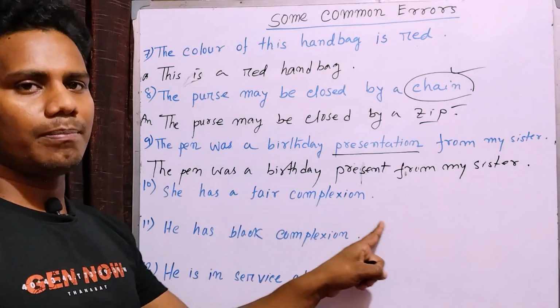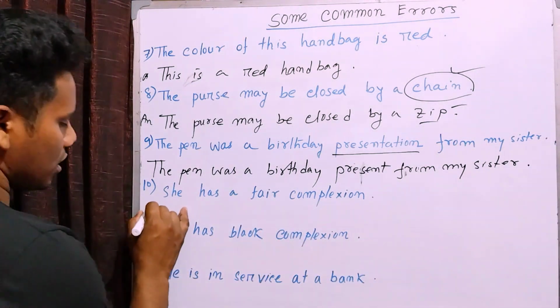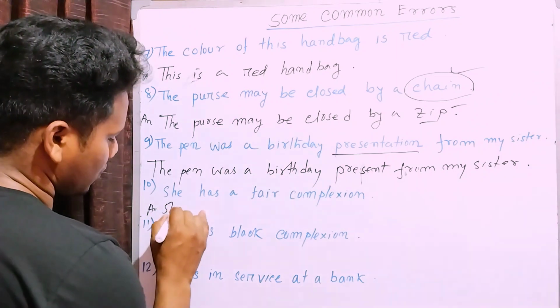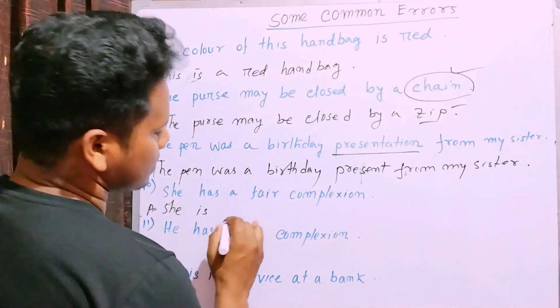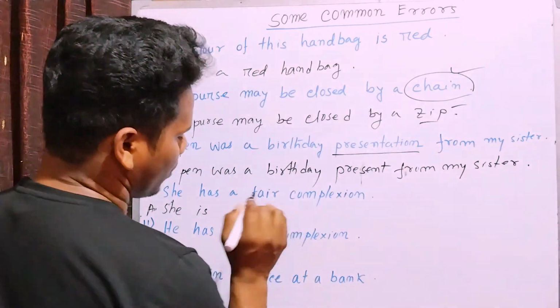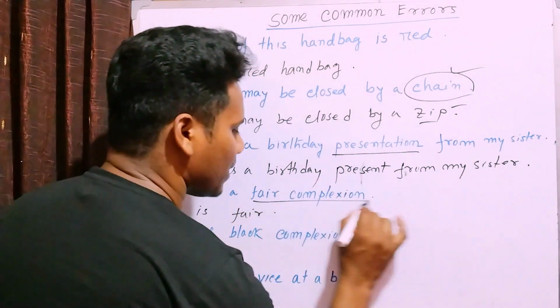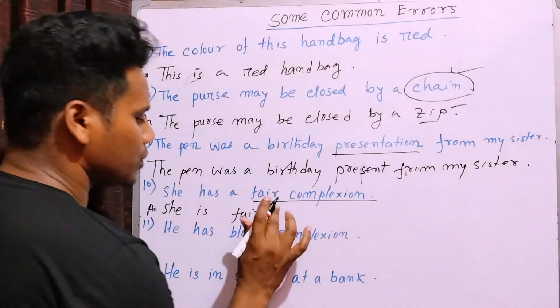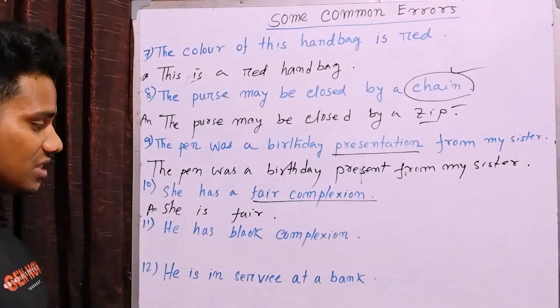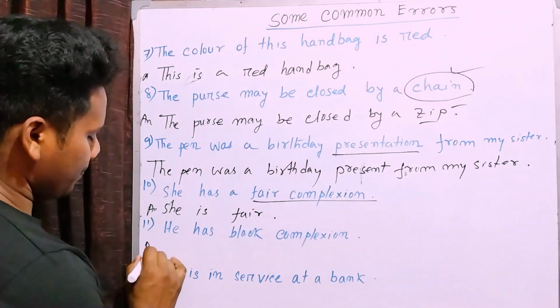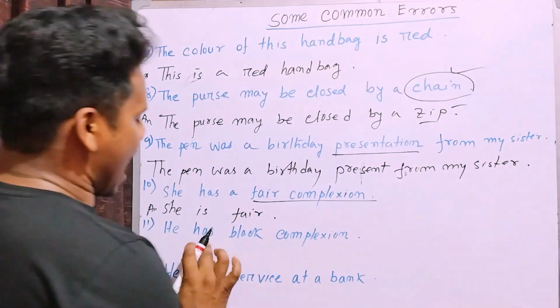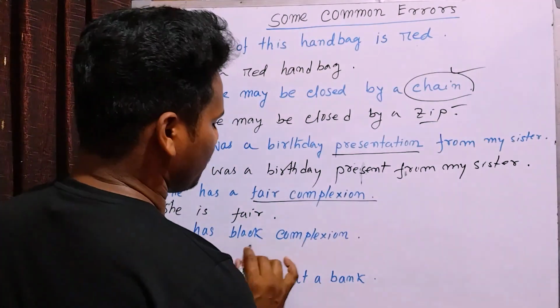Next: she has a fair complexion. So right answer will be: she is fair. Instead of fair complexion we have to use only fair. So this is the right sentence: she is fair. And the same, he has a black complexion.